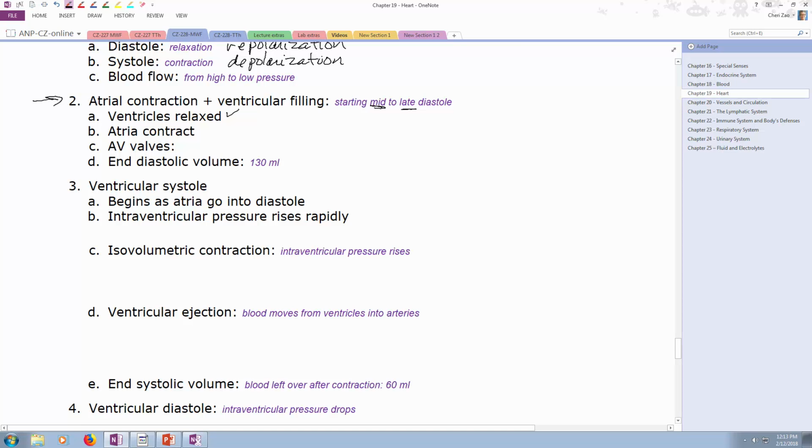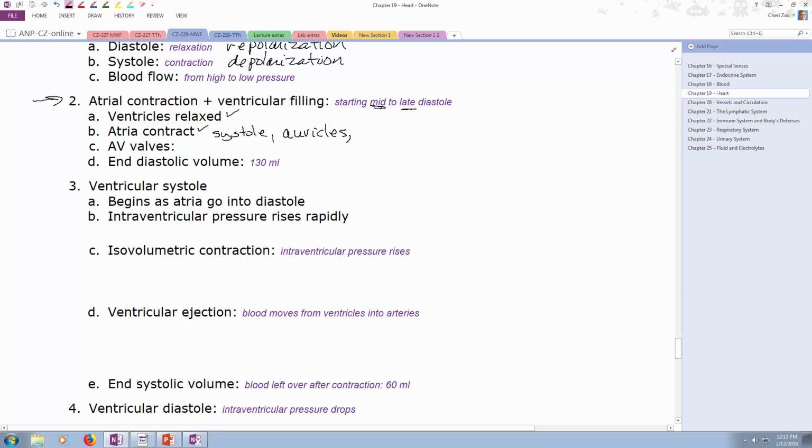Our notes here say ventricles relaxed, yes. Atria contract, which means that atria are obviously going into systole when they do that. And it's going to be the auricles that are actually contracting.